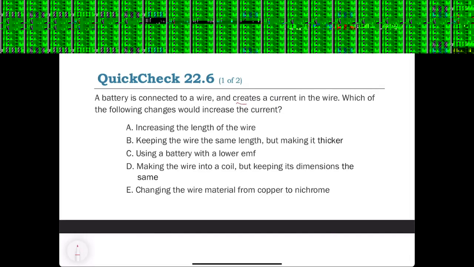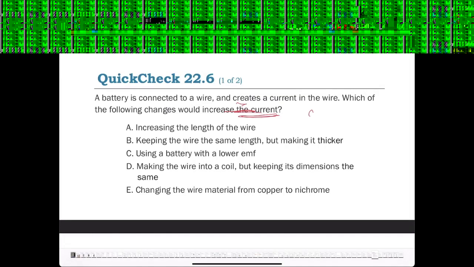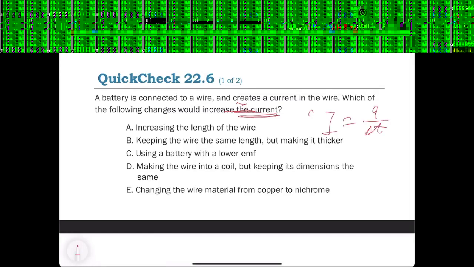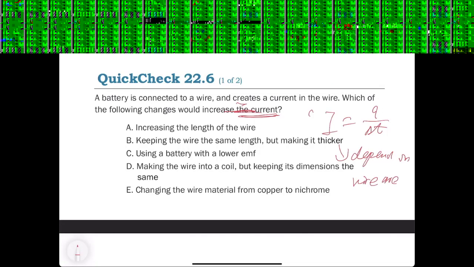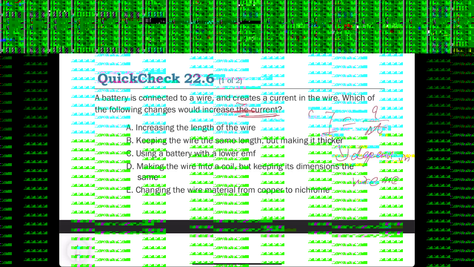I think this one is similar to the question we talked about at the beginning of the class. If we want to increase the current, the current is related to Q divided by t. It also depends on the wire's cross-sectional area.